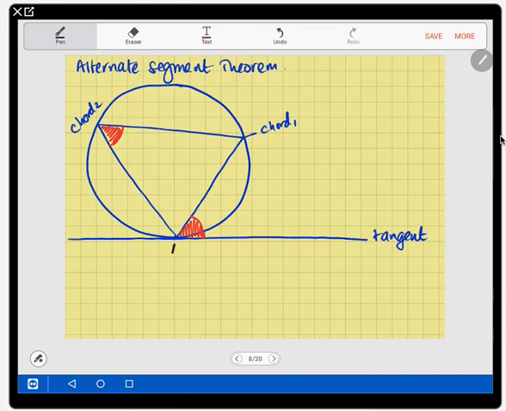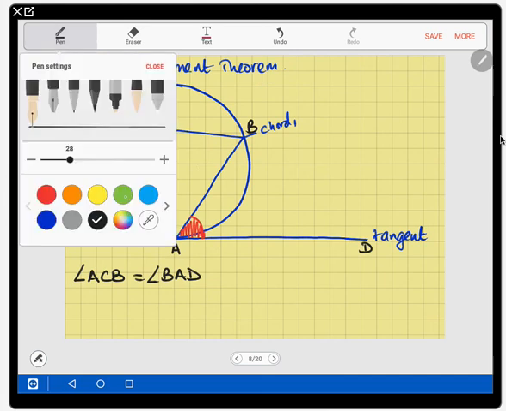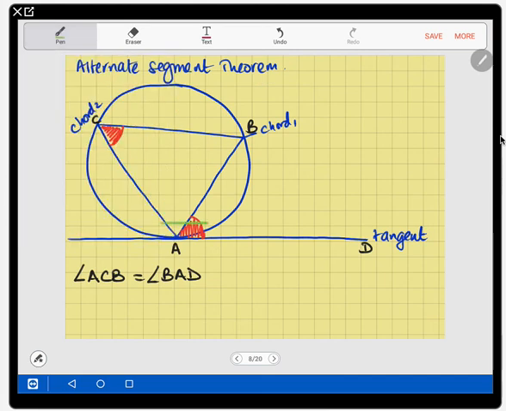So if I call this A, B, C, and then a point here D, angle ACB will be equal to angle BAD. Alright? Similarly, this angle here will be the same as this angle here.